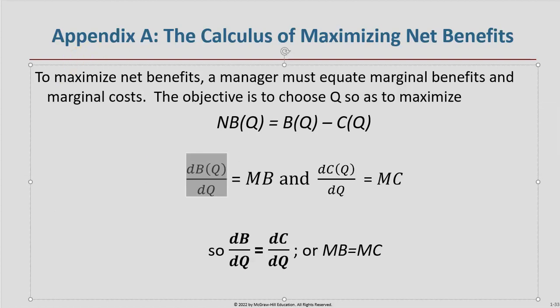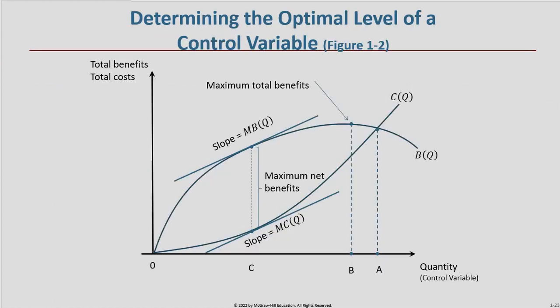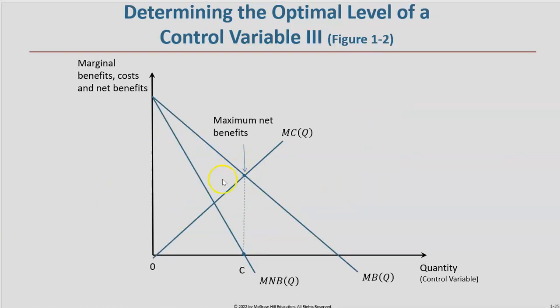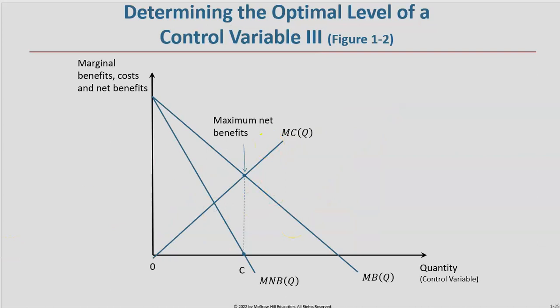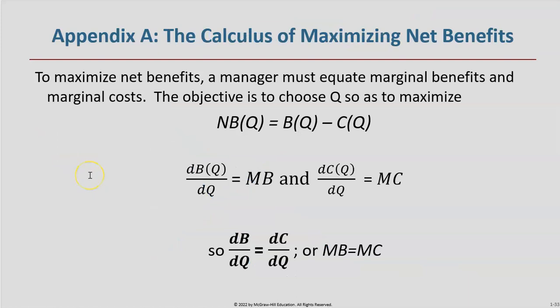So earlier we said that the slope of the marginal benefit curve should be just equal to the slope of the marginal cost curve. It turns out that the slope of the total benefit curve is the marginal benefit curve, and the slope of the total cost curve is the marginal cost curve. So to find those slopes, you can use some differential calculus.